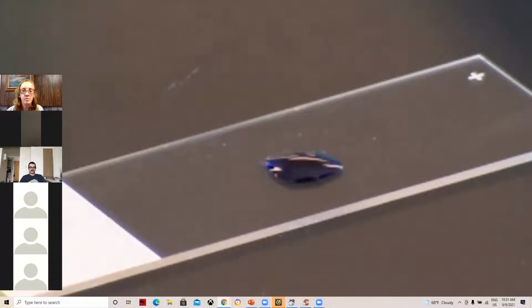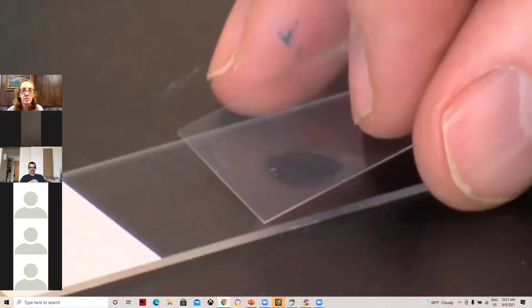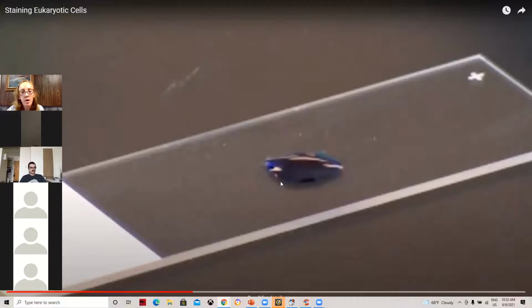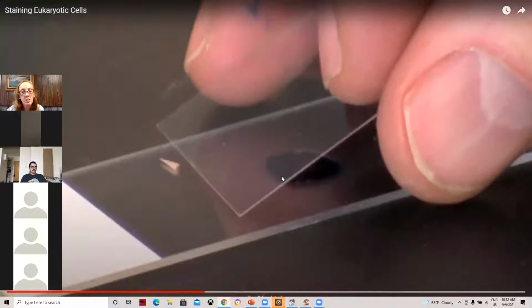Prepare the wet mount by lowering the cover slip over the stain, starting at a 45-degree angle. Avoid trapping bubbles under the cover slip. You'll see the way he put down that cover slip. I'm going to back up just for a second here. Starting at a 45-degree angle. So he's starting at an angle when he puts down the cover slip.